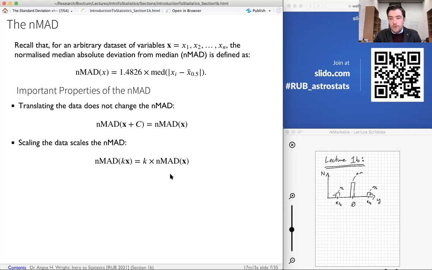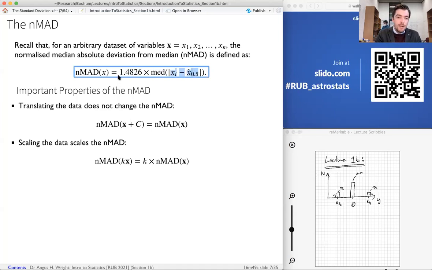We also looked at the normalized median absolute deviation as a measure of dispersion. You'll remember the normalized median absolute deviation from median was defined as this funny number, 1.4826, multiplied by the median of the absolute deviations from the median, as the name suggests.